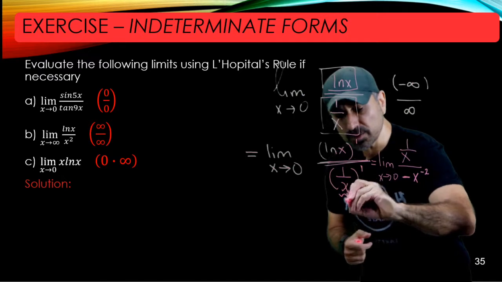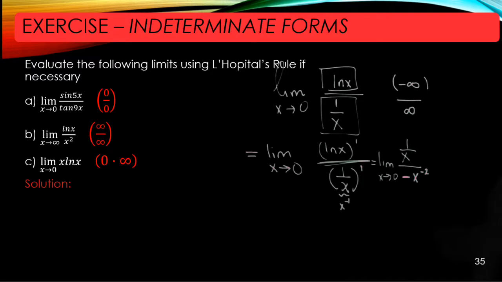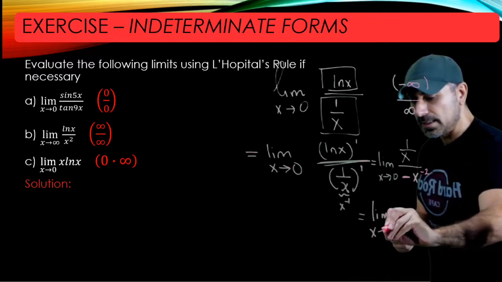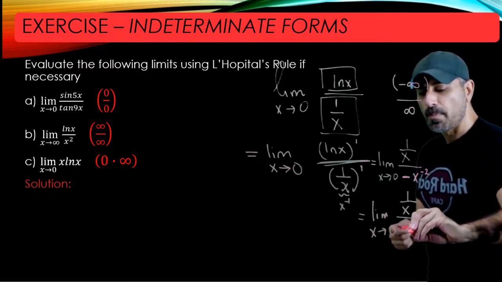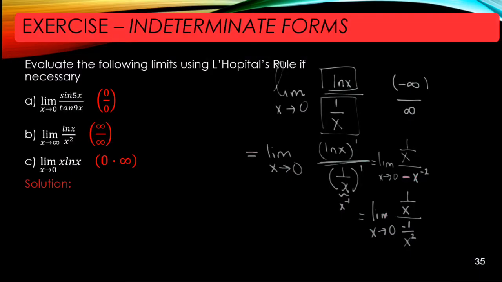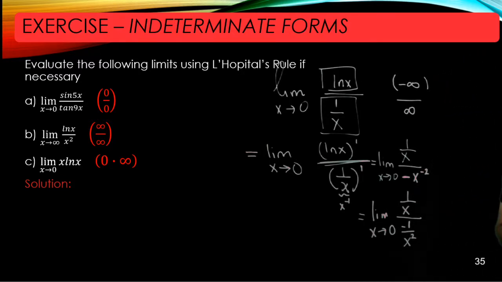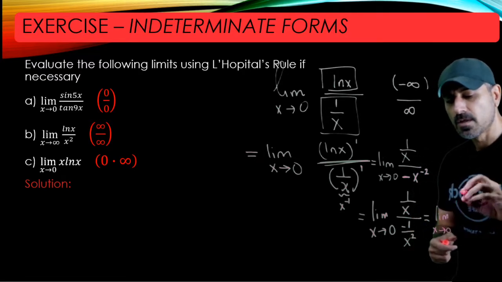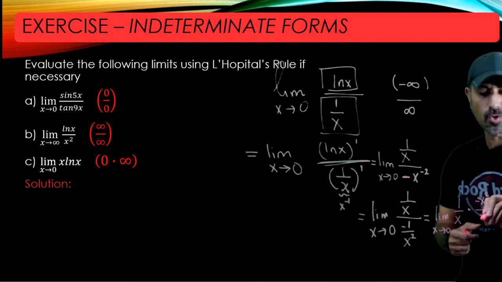Let me just write it here one more time. This is x to the power of minus 1. So we utilize the power rule. And I want to rewrite this term to see exactly what is going on in the bottom. So this is 1 over x divided by minus 1 over x squared. At this moment, we should simplify this further, because I can flip the bottom over so that this limit becomes 1 over x times minus x squared over 1.